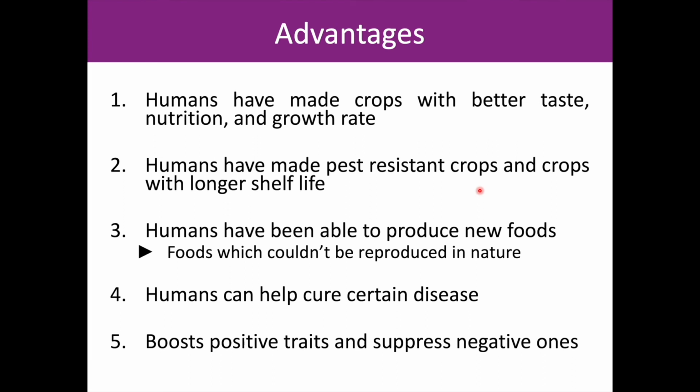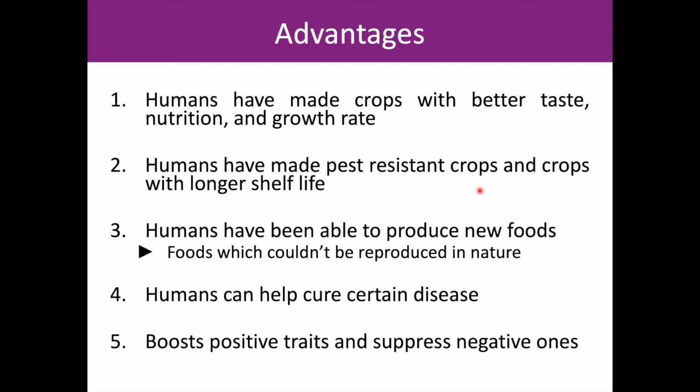You can see that the positive sides could be better taste, nutrition, and growth rate. We could produce pest-resistant crops and crops with longer shelf life, especially the sweet corn that we are enjoying currently in the market.